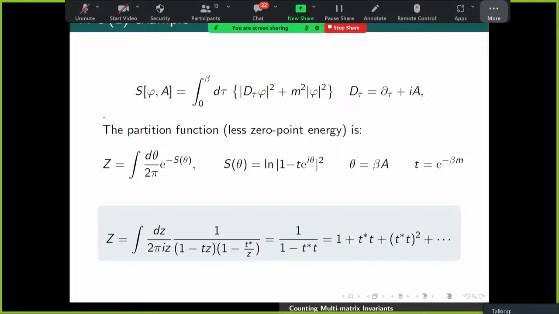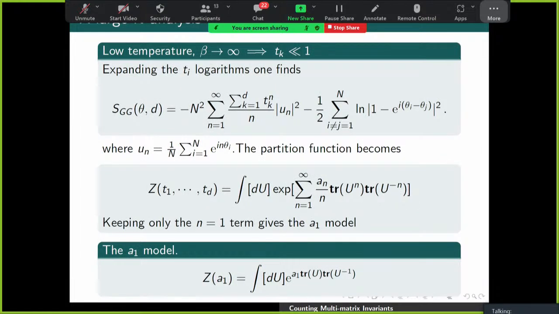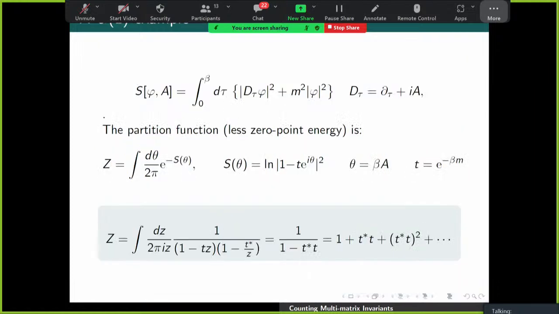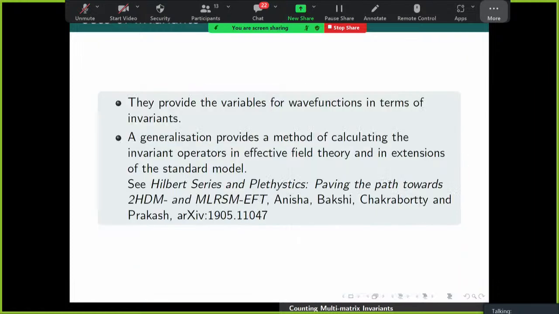how this one would work if I just had one variable, a simple variable. These types of generating functions, this type of counting problem, is used when you want to know in particle physics if you've counted all of the operators that are higher dimension operators in the standard model.